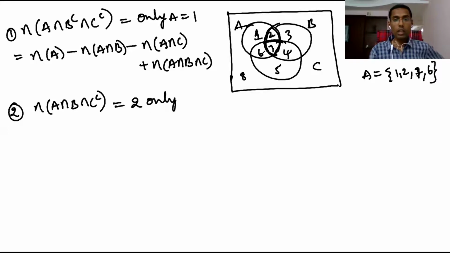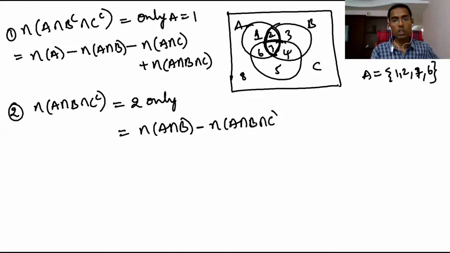A intersection B means 2, 7. From 2, 7, if you remove 7, that 7 means the number of elements in A intersection B intersection C. That is how you find the second, and the third part you should be able to understand like this.